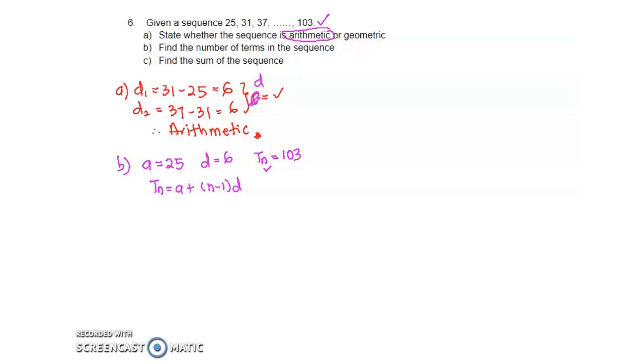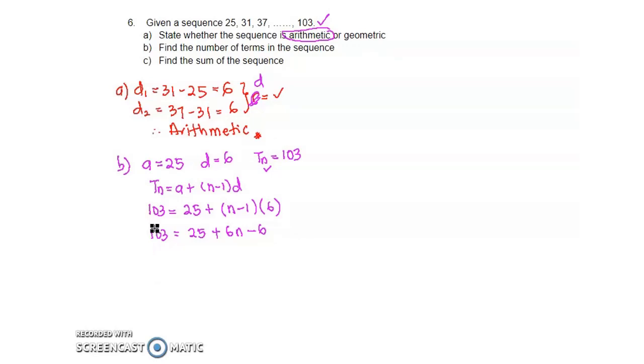Substitute the values. Tn equals 103, so it equals A, 25, plus n minus 1. Now we want to find the value of n. Multiply by the common difference D. So 103 equals 25 plus n times 6, 6n, negative 1 times 6, negative 6. Solve this one.